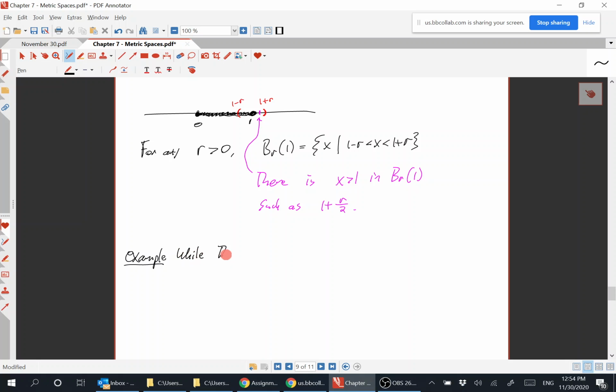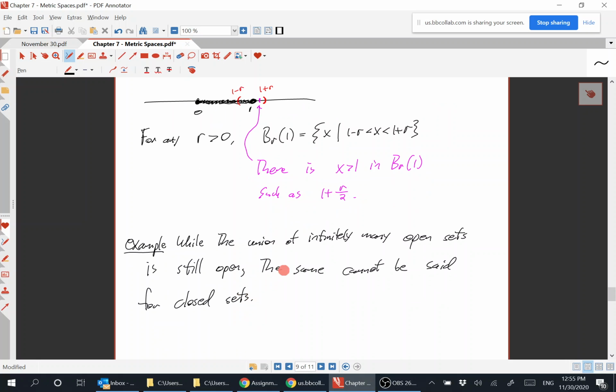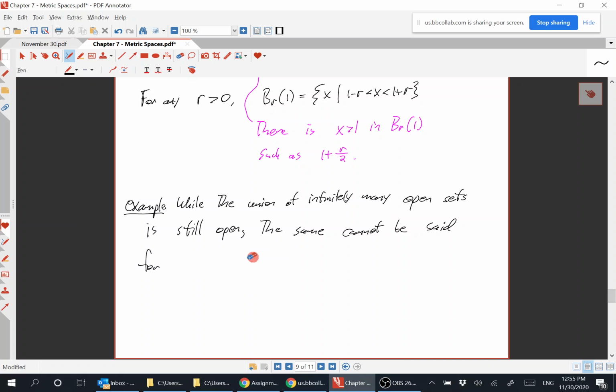While the union of infinitely many open sets is still open, the same cannot be said for intersections.